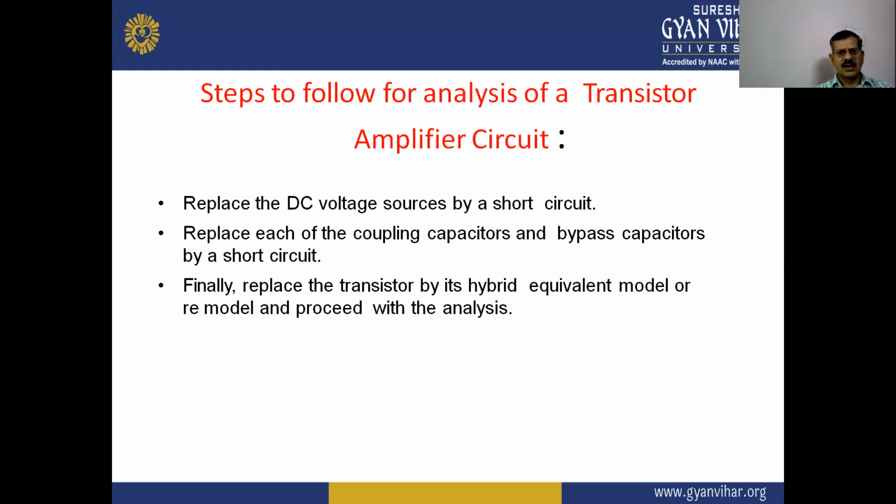And finally, replace the transistor by its hybrid equivalent model, or h model, and proceed with the analysis. So these are the steps to follow for analysis of a transistor amplifier circuit.